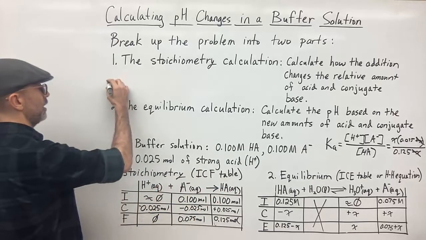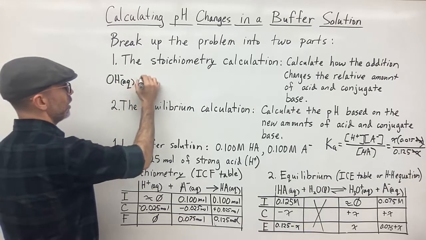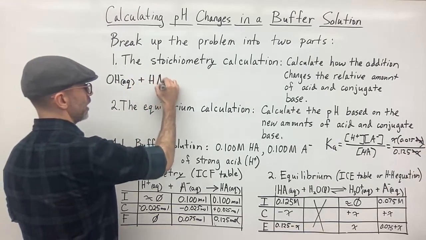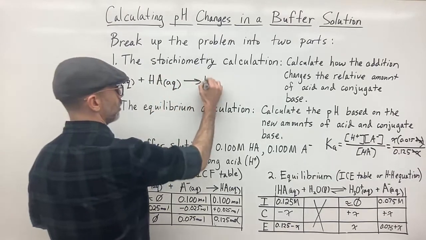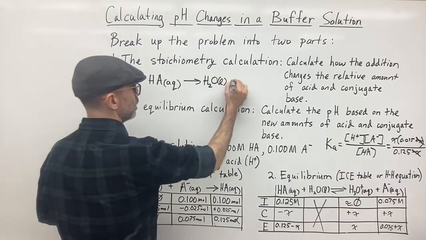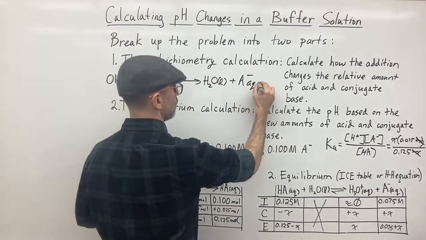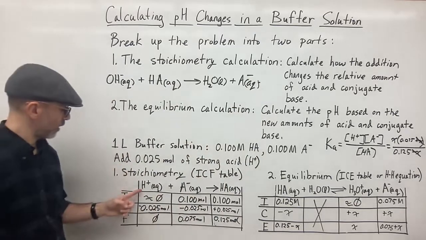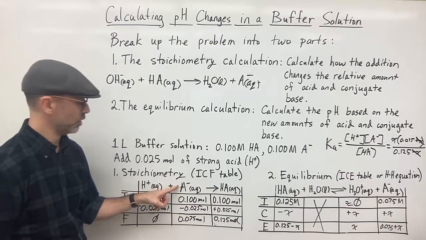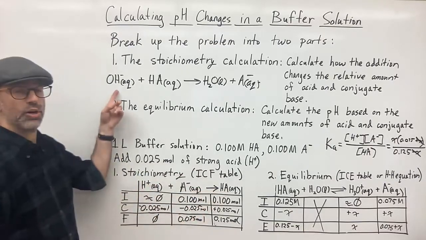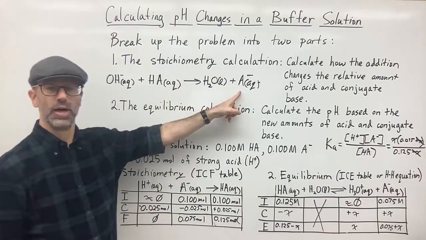So what you would end up with is the equation OH minus aqueous reacting with your HA, your weak acid, and that's going to form water. So you got H2O liquid plus your A minus left over aqueous. So instead of this equation where you have a strong acid reacting with your conjugate base to form more acid, here you're going to have your strong base reacting with the weak acid to form more conjugate base.